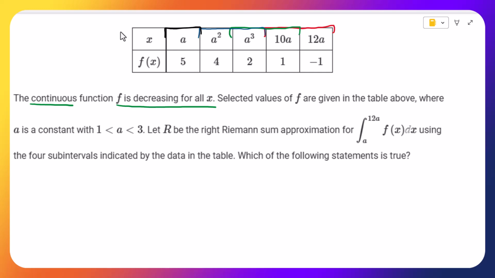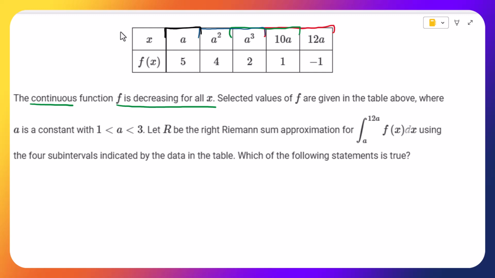Which of the following statements is true? Well, I'm not giving us the statements, but what I want us to do for this question is do 2 things. I want us to write the approximation and determine if it's an over or under estimate, and why.